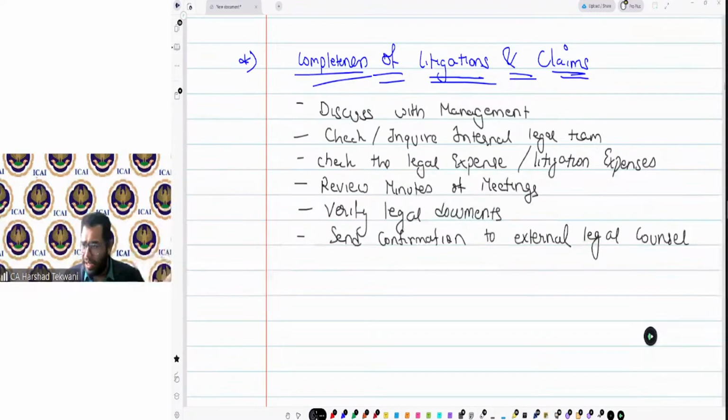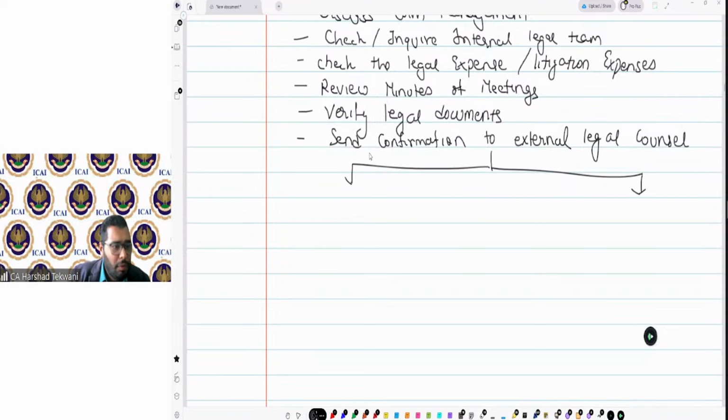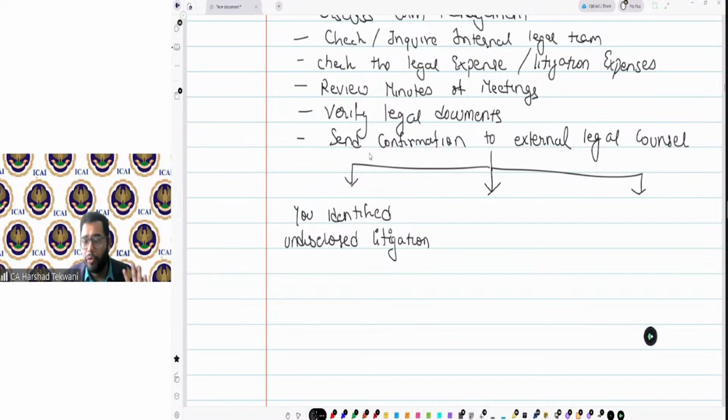Okay. So these are the areas. Fine. Now there could be two scenarios out of this, rather three scenarios. One, you identified undisclosed litigation. Number two, everything is good.